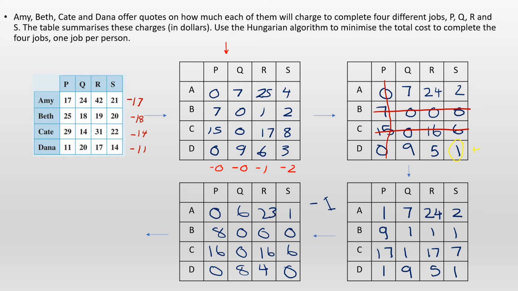Which leaves us with that. So that was step 5, to subtract the overall smallest number from all numbers in the matrix.